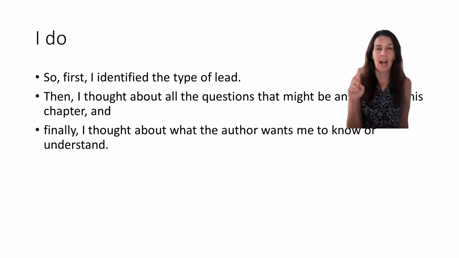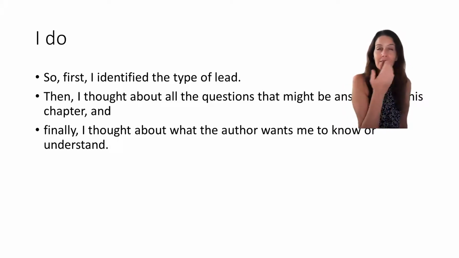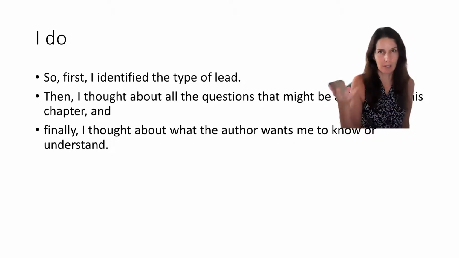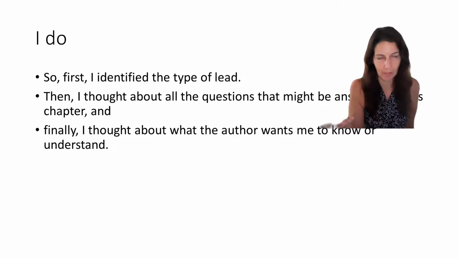Okay, so first I identified the type of lead. Then I thought about some of the questions that might be answered in the chapter. So we might find out, who is this person coming to their home? Who is Mrs. Strout exactly? What does she have to do with everything? What is going to be the impact on the narrator, because he says it's up to you, like you should know more than anybody else.